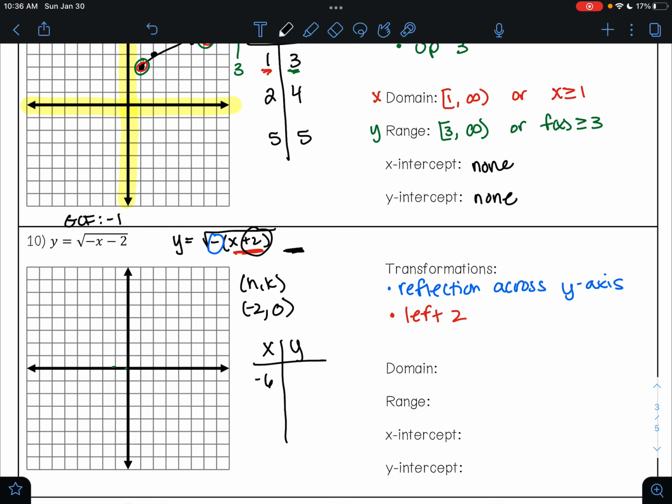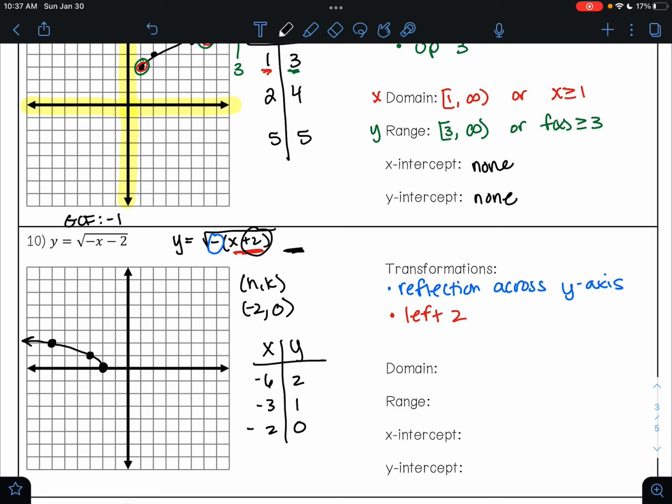So I have negative 2, 2, negative 3, 1, and negative 2, 0. Here is this graph.